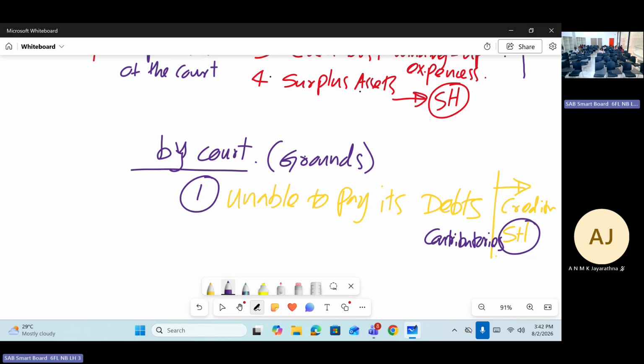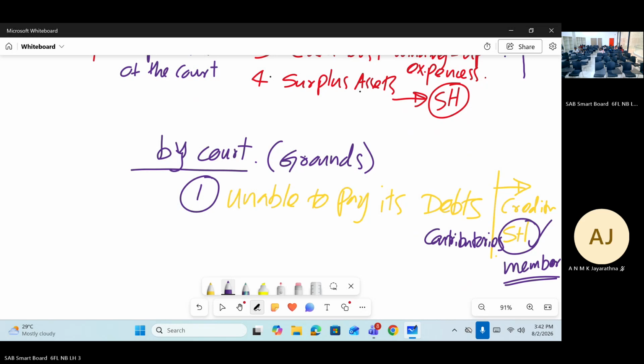But when we consider companies limited by guarantee, they don't have share capital. Therefore, we name the owners as members instead of shareholders.